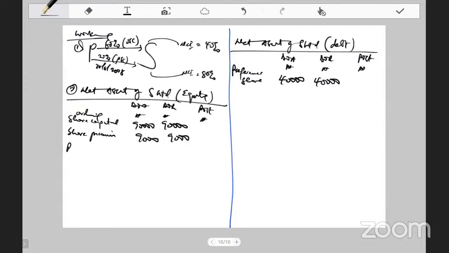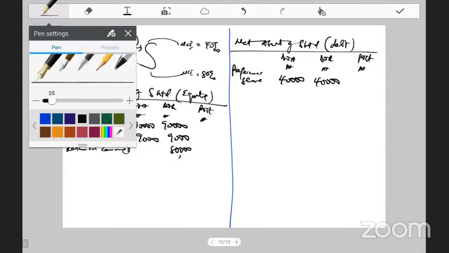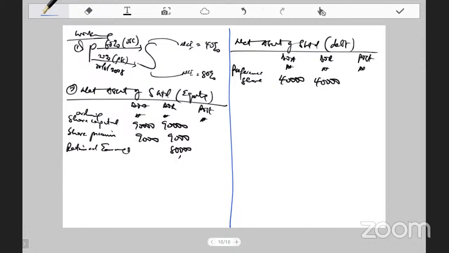Okay, let's go to retained earnings. On the date of reporting, how much do we have? 80,000. On the date of acquisition, how much is our retained earnings given to us in the preamble? 50,000.